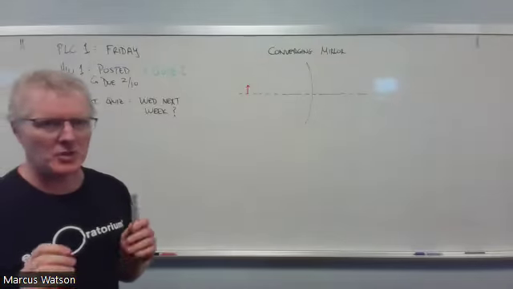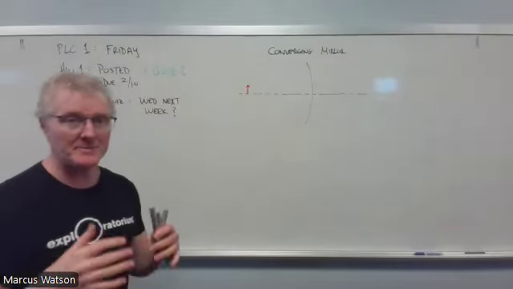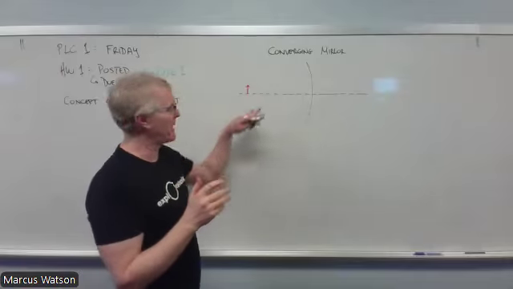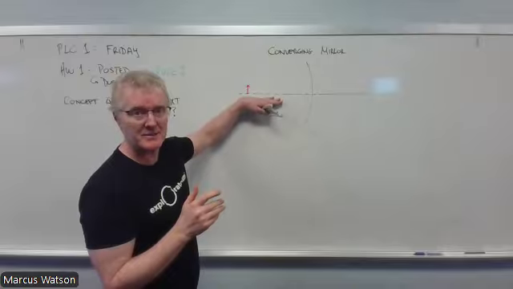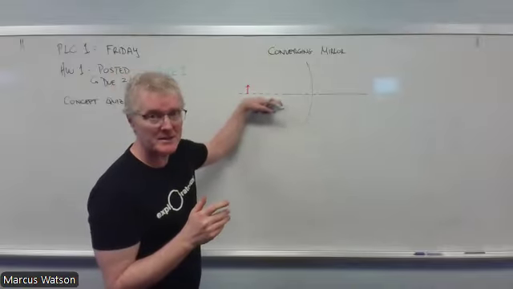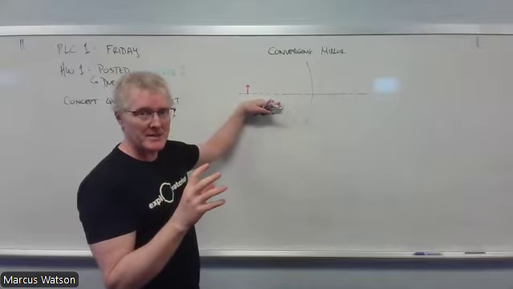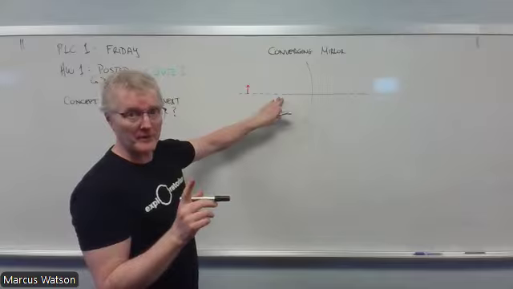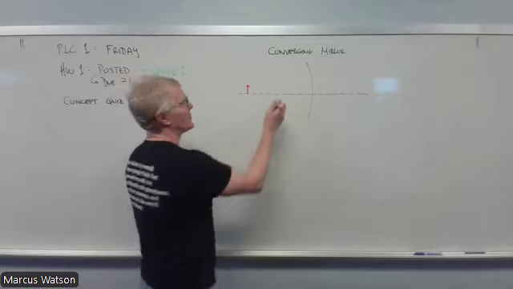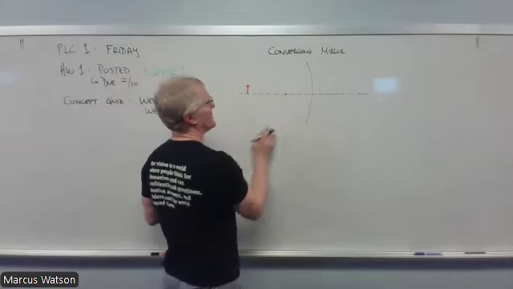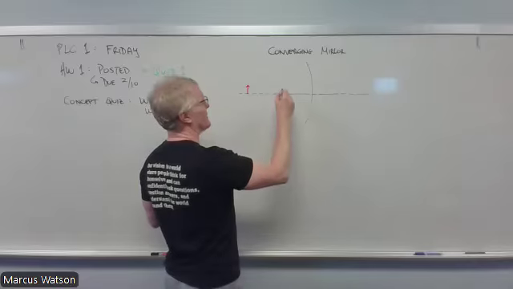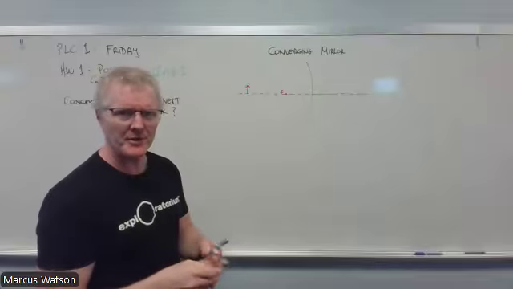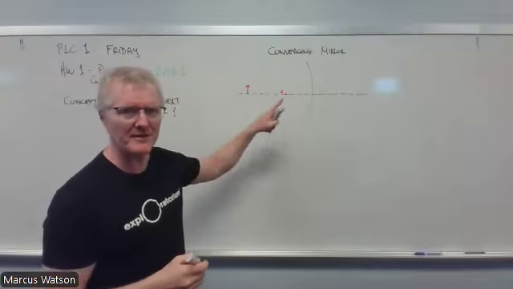Now, I talked a little bit about the focal point last time as being the place where rays that come in parallel with this axis will converge. That is called the focal point. So let's say that the focal point is here. I'm going to call it F. It's a little small, sorry, but that is F right next to that dot.